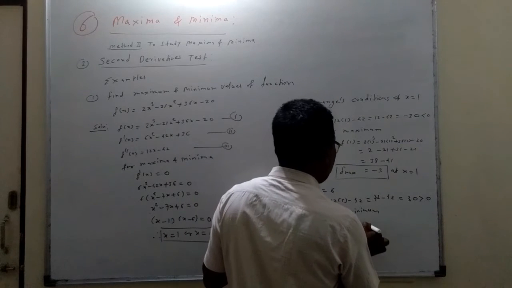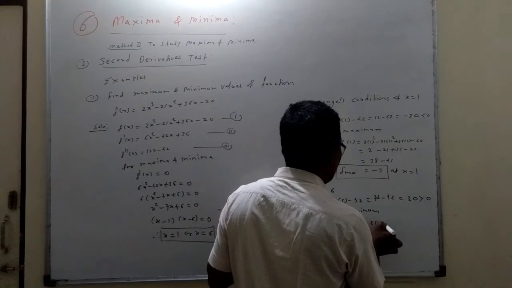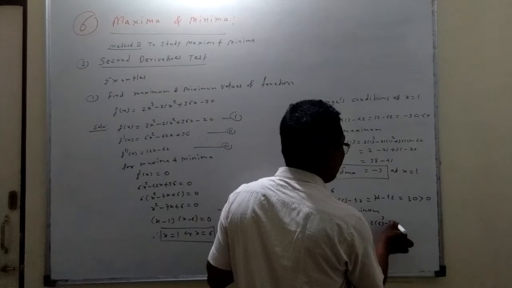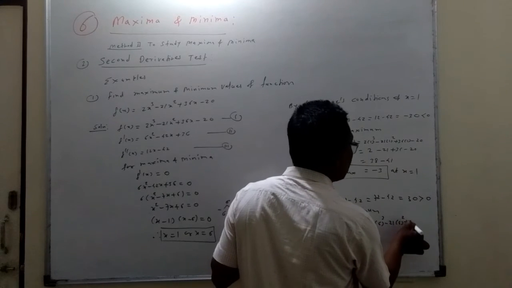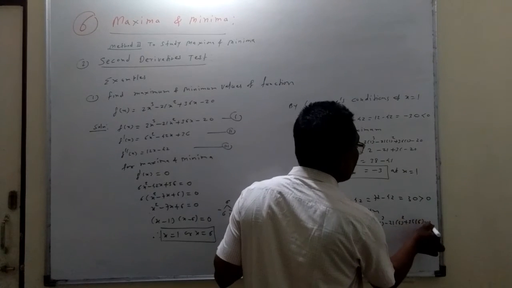So in the equation of the function, we will put this value: 2 into 6 cube minus 21 into 6 square plus 36 into 6 minus 20.